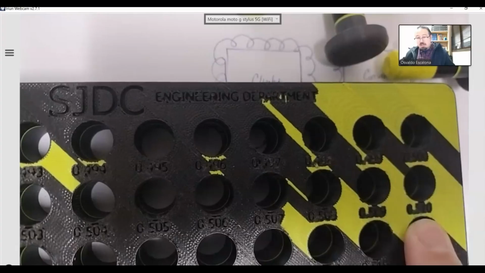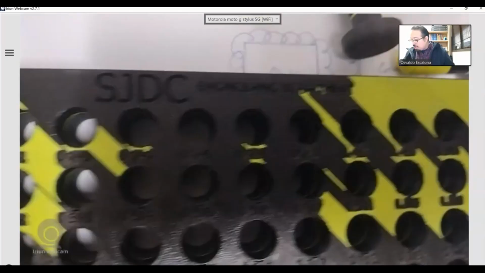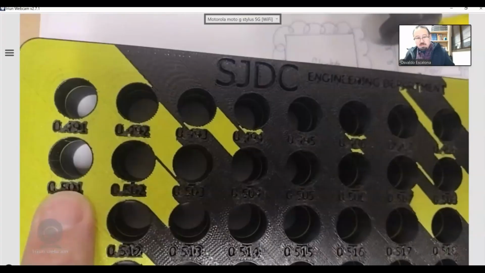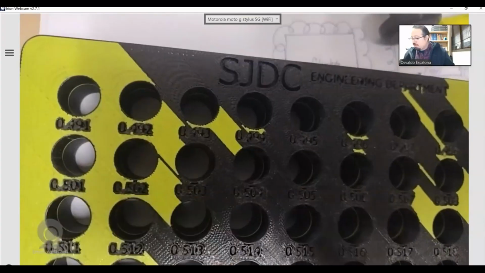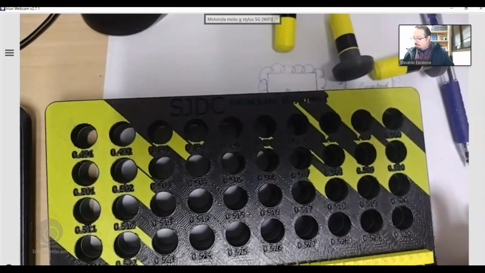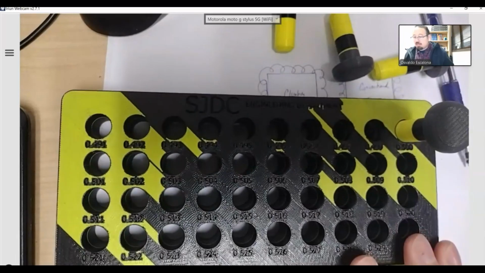0.5, 0.510, 0.499, 0.498, 0.497. So a little bit less, and then a little bit bigger than 0.51, 0.502, 0.503, 0.504, and so forth. Now, if I put my pin in the 0.5, because I 3D print, this is not going to fit.